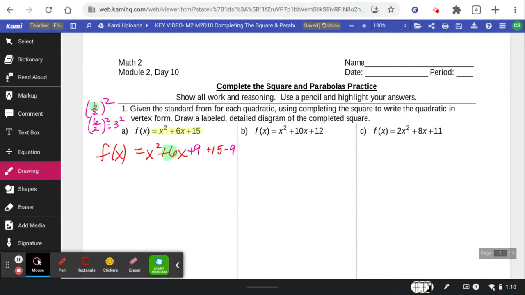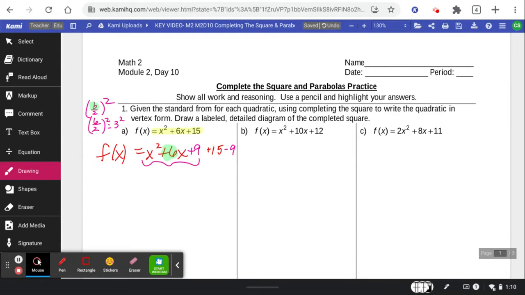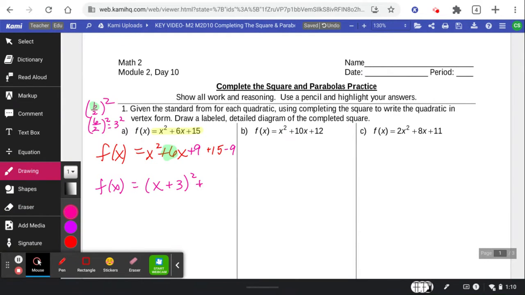The whole reason we did this is because this perfect square trinomial can now be rewritten as factors, the x plus 3 squared factors. And then 15 minus 9 at the end is just 6.